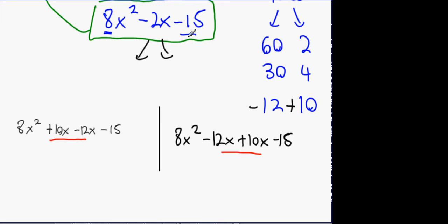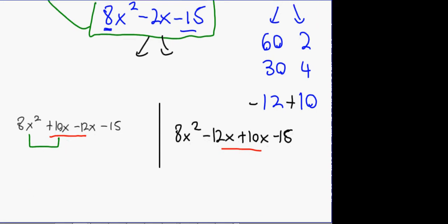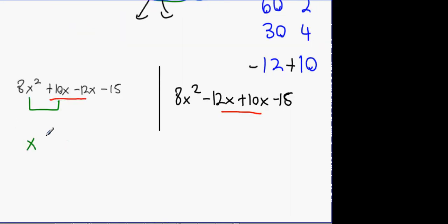Now here's what you always do, and I mean always do. Look at the first two terms. What can you take out of both of them? You take out x, but you can also take out 2, because 2 is the largest number that divides into both of them. So what multiplied by 2x gives you 8x squared? 4. What multiplied by 2x gives you 10x? 5. Now, what are we always guaranteed about the second bracket?